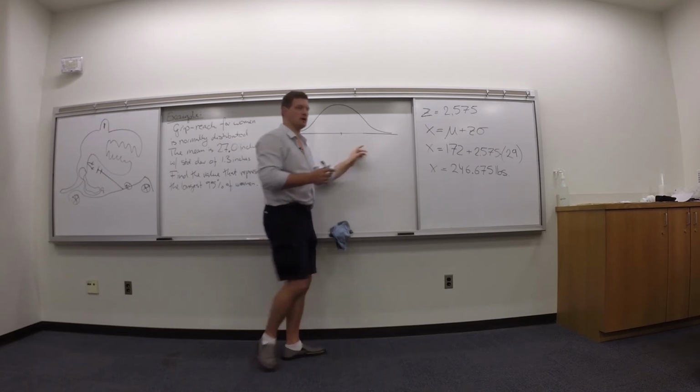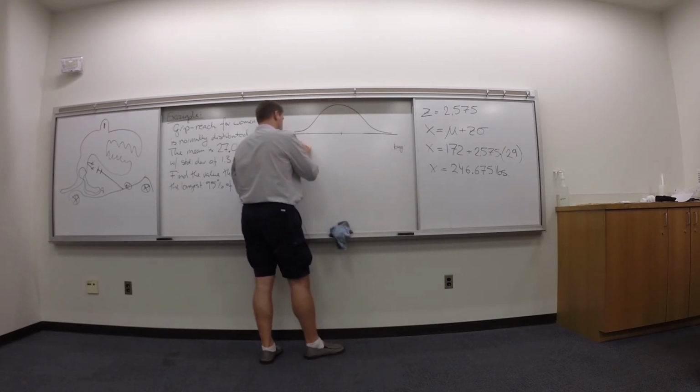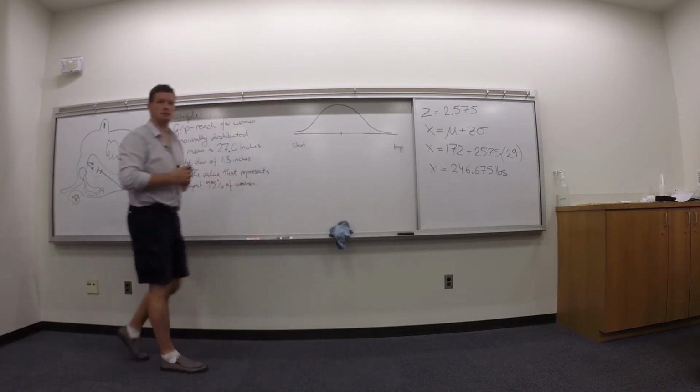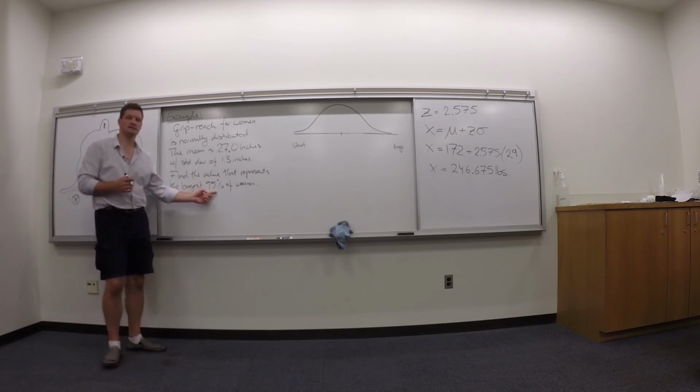This is a number line, right? So this is the long, this is short, right? And we are asking for representing the longest 95%.